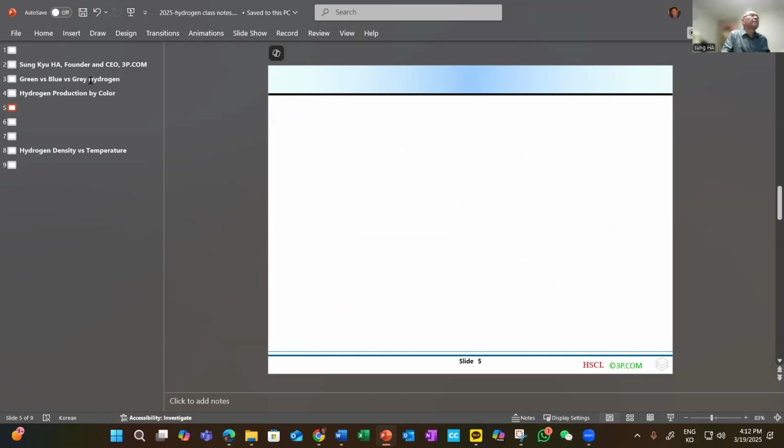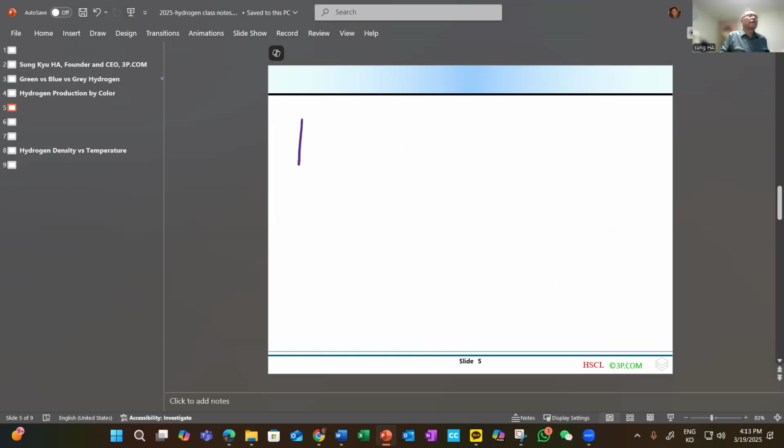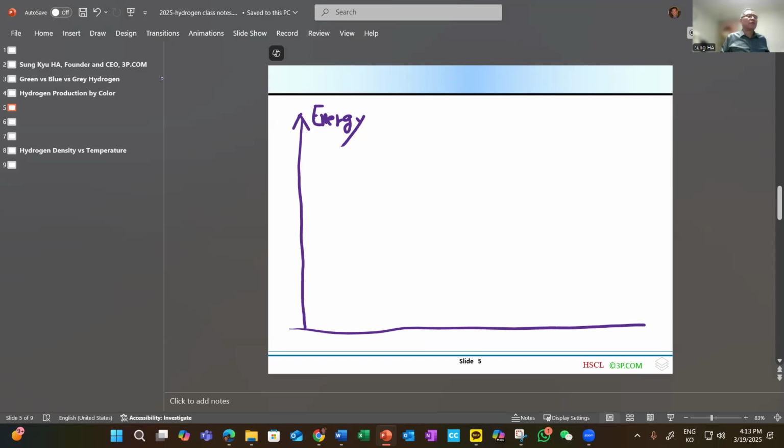So let's say the vertical axis represents the energy level and the conversion method. I would say the relatively zero level is the H2O. So this is water.